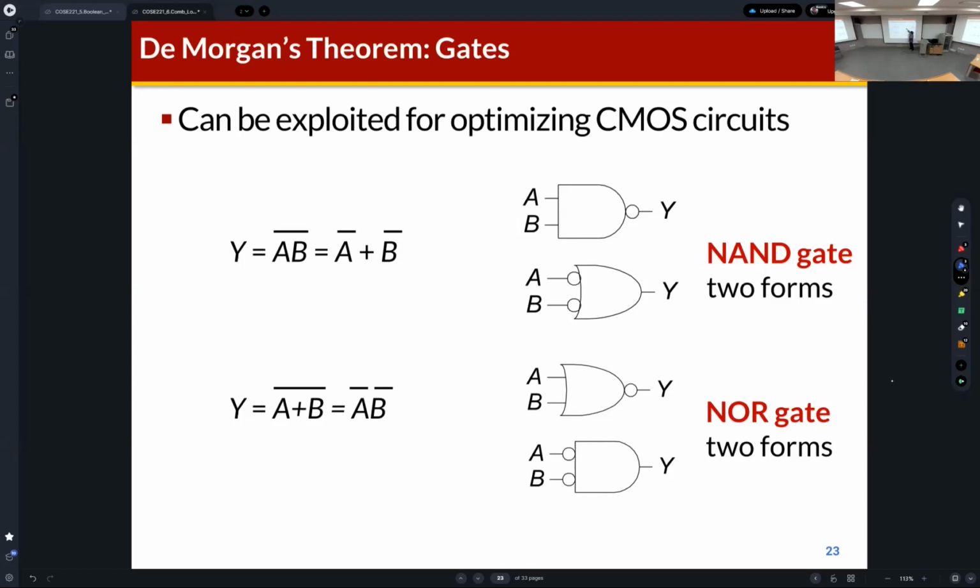The bubbles are transferred to the inputs, the AND gate is changed to the OR gate, and the same theorem is applied to the OR gate.